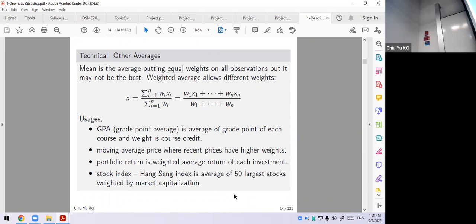The other is when you calculate a portfolio, the same thing: it's a weighted average of each investment, weighted by your portfolio weighting. And finally, the Hang Seng index is a weighted average of the largest 50. I think they changed to 70 now; 50 is the old days, I think now it's 68 or 70. But anyway, it's basically the average of those stocks, a weighted average.